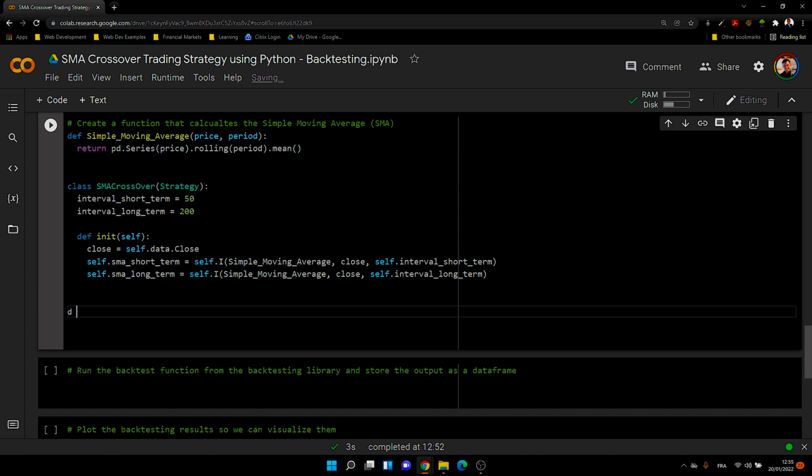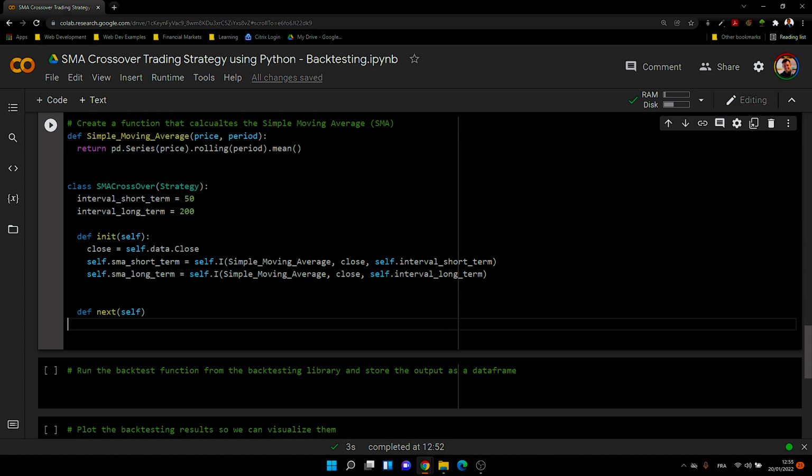Next, we will define a function called next, and this will take in self. And in here, we will say that our price will be equal to self.data.close at position -1.